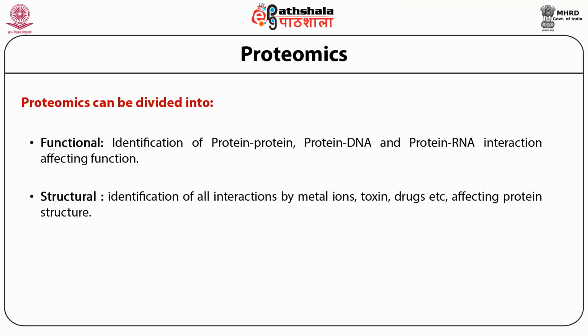Structural proteomics is the identification of all interactions by metal ions, toxins, drugs, etc., which affect the protein structure. Differential proteomics is the determination of differences in protein expression under particular stress conditions.